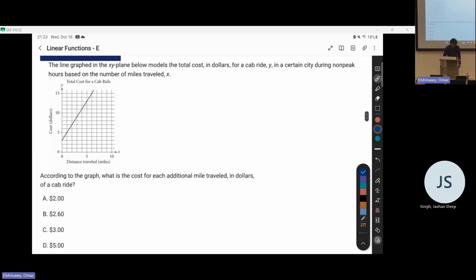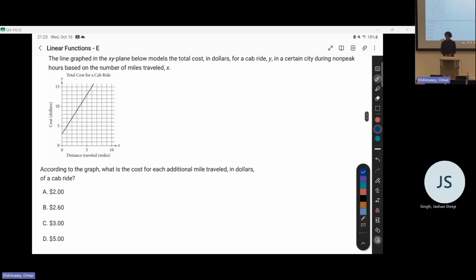Okay, now we have some graphs. Yes, so we have a line that's graphed in the XY plane. And there's a model between the number of miles and the total cost in dollars.